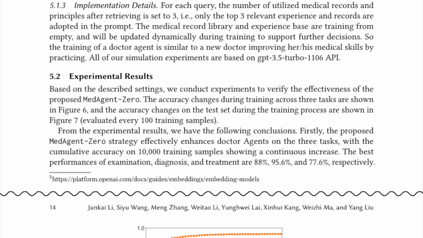Firstly, the proposed MedAgent-Zero strategy effectively enhances doctor agents on the 3 tasks, with the cumulative accuracy on 10,000 training samples showing a continuous increase. The best performances of examination, diagnosis, and treatment are 88%, 95.6%, and 77.6%, respectively.